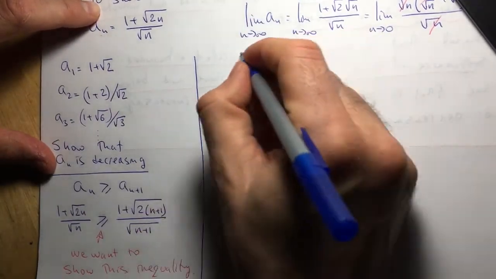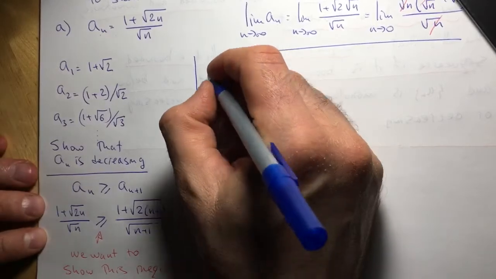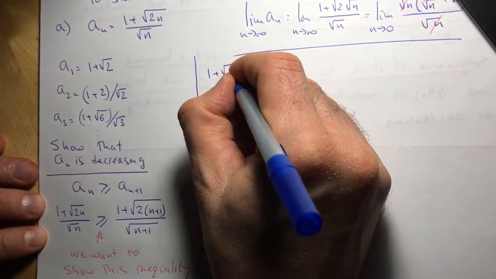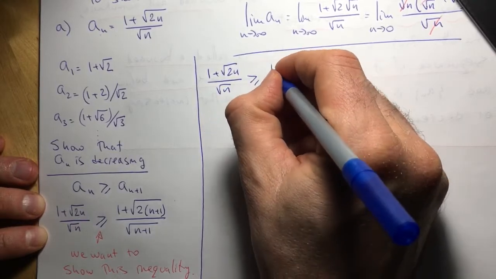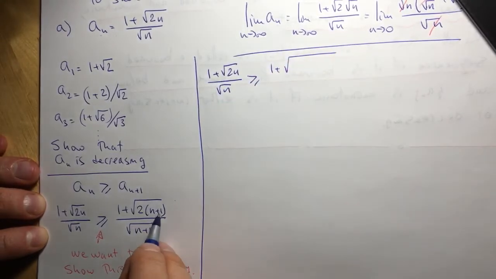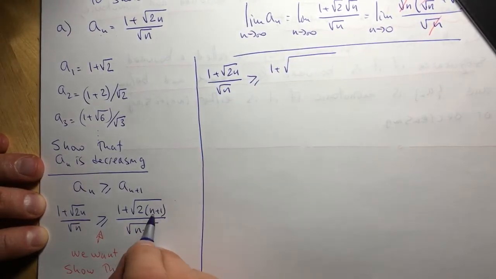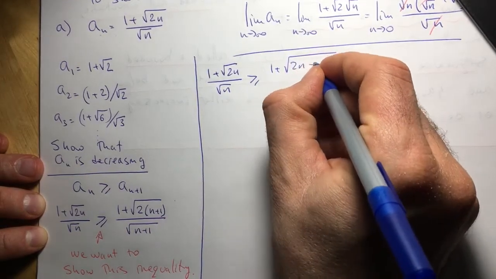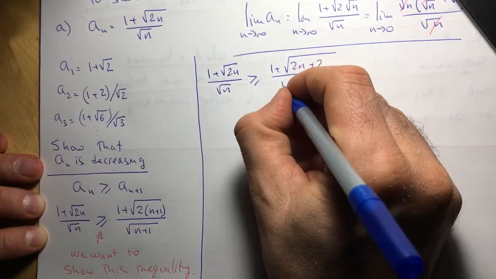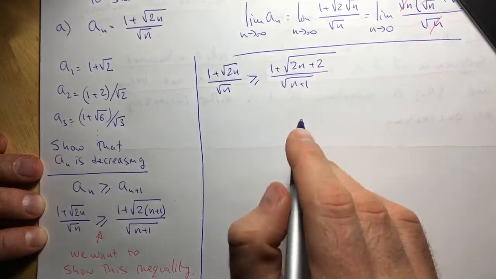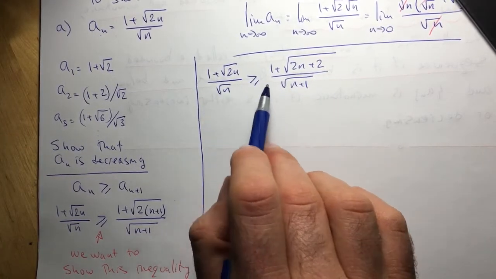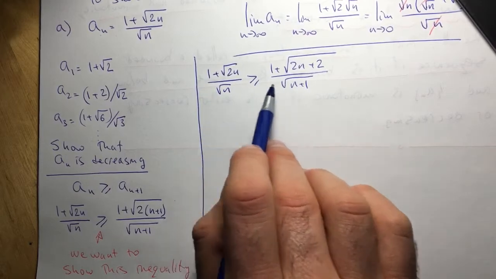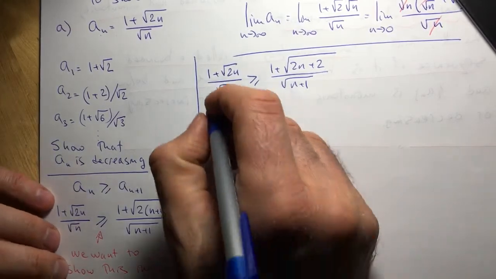Here I have 1 plus square root of 2n over square root of n greater or equal to 1 plus, just dropping the parentheses in this root here, square root of 2n plus 2 over square root of n plus 1. One more time, n stands for a positive integer, so every term here, both denominators, is going to be positive, so we can cross multiply.